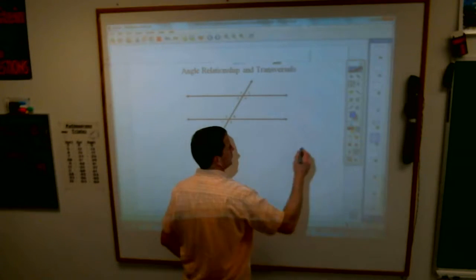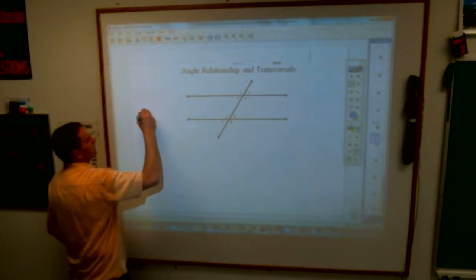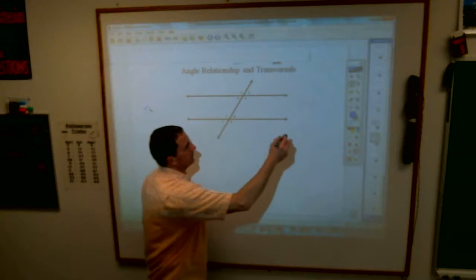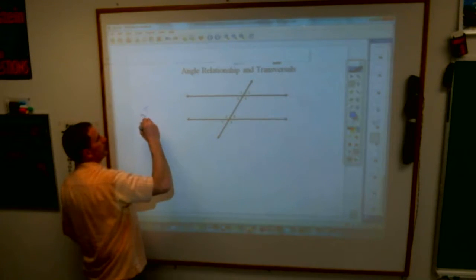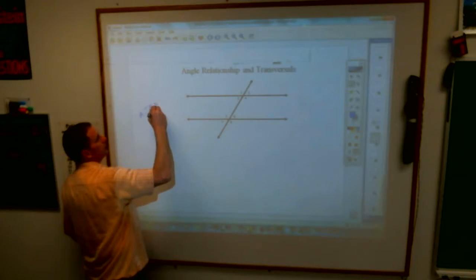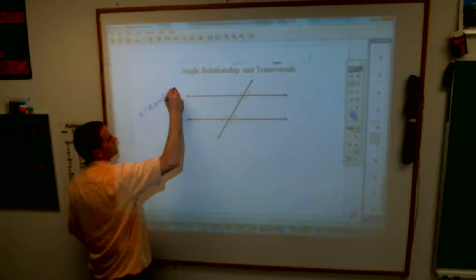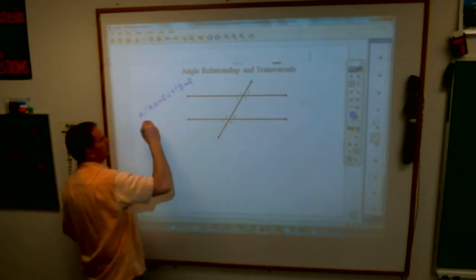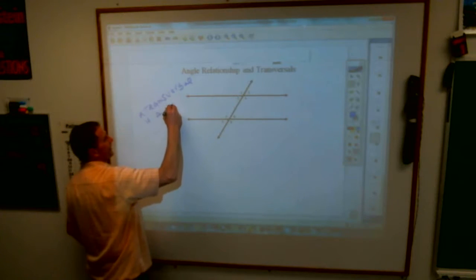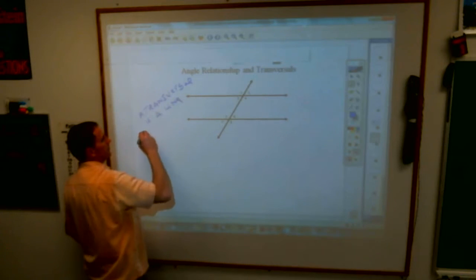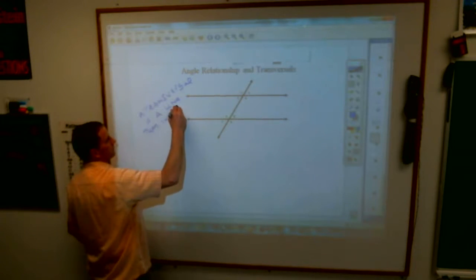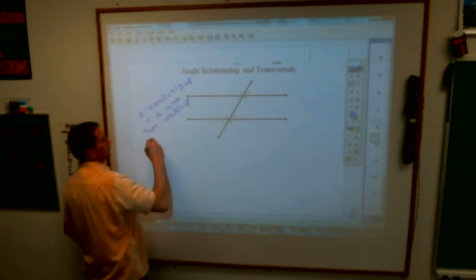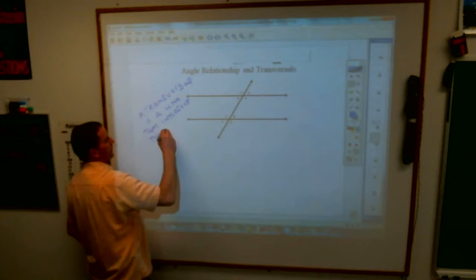A transversal is a line that intersects two other lines.